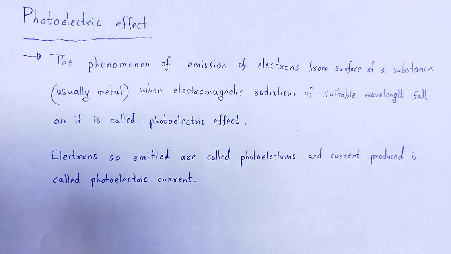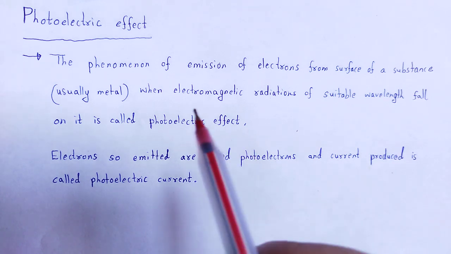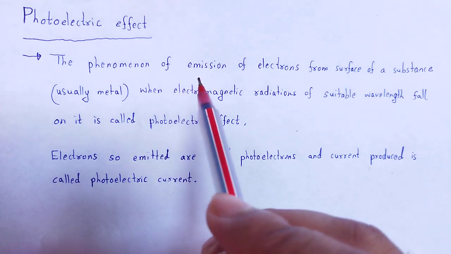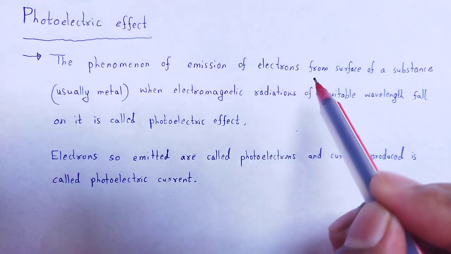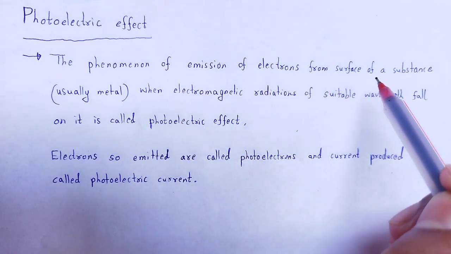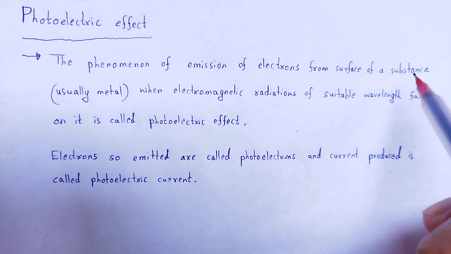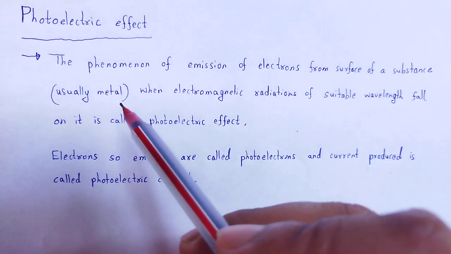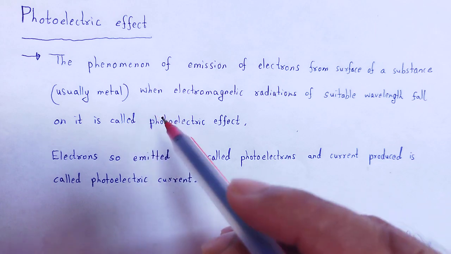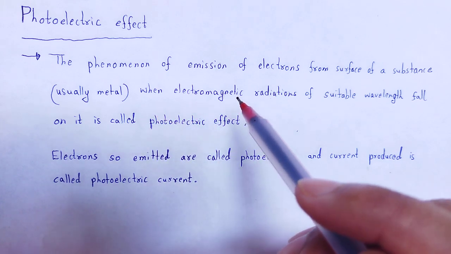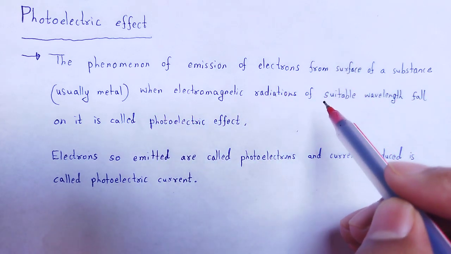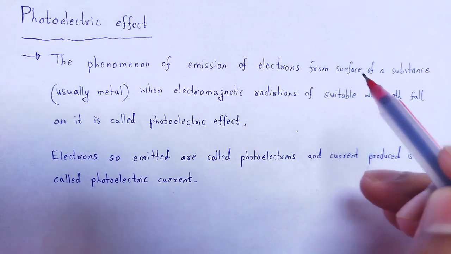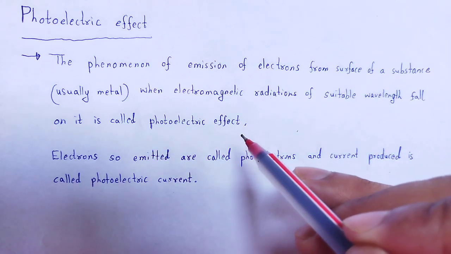Photoelectric effect. It's a phenomenon of emission of electrons from the surface of a substance, usually a metal, when electromagnetic radiation of suitable wavelength falls on it.